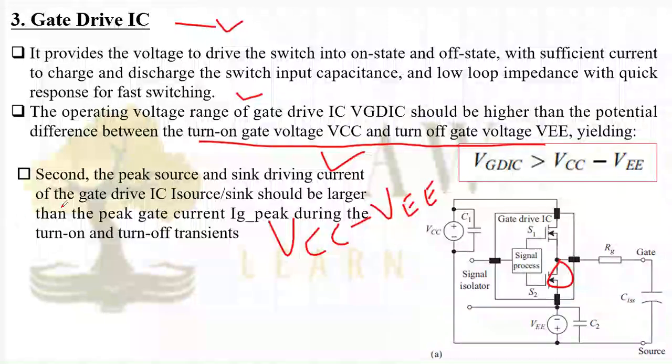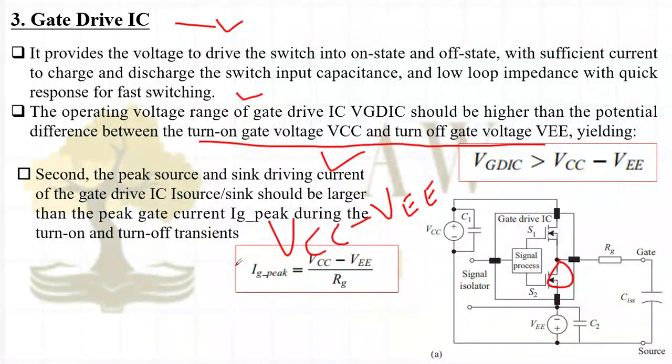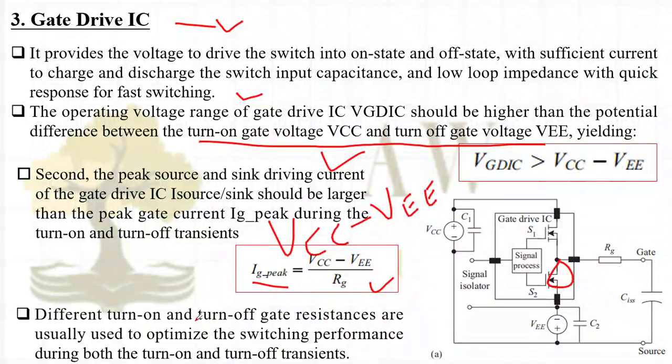Then the next thing is the second part. What is the second criteria? The peak source and sink driving current of the gate drive IC should be larger than the peak gate drive current IG peak during the turn on and turn off transient. My gate current should be VCC minus VEE divided by RG. RG is my gate resistance, and it is different during the turn on and turn off.